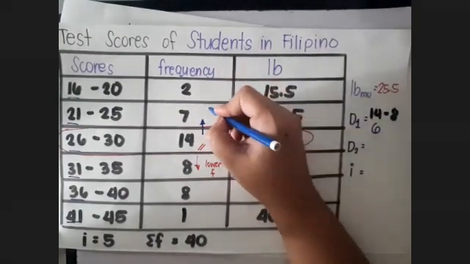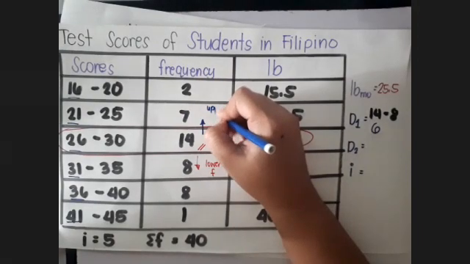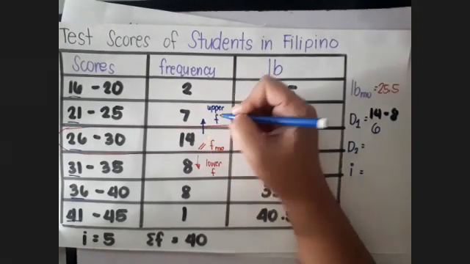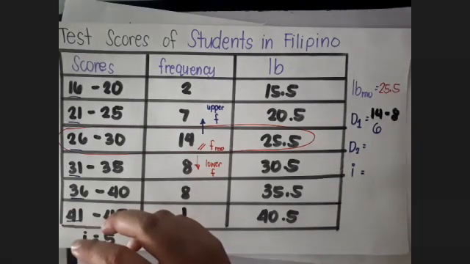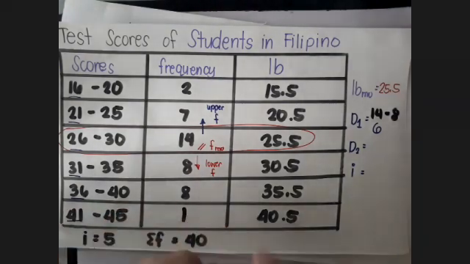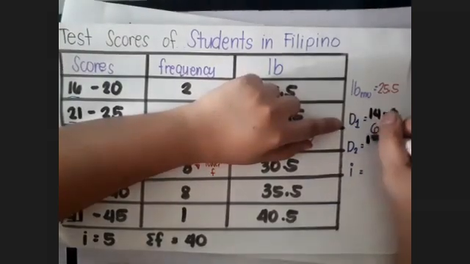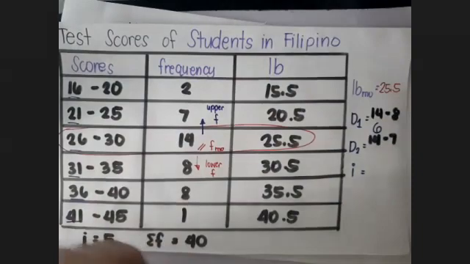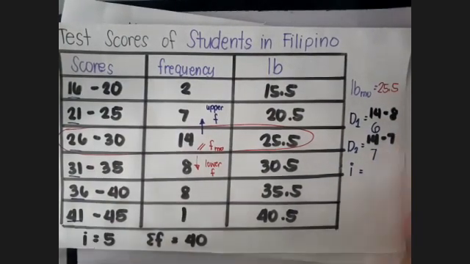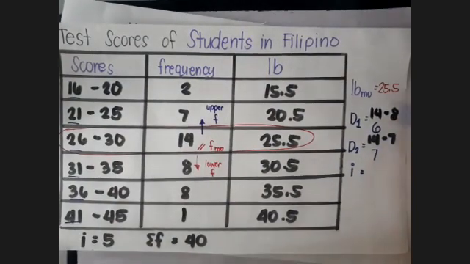Meaning, ito yung ating upper. Regardless of the value. So let's subtract. We have 14 less 7 makes 7. Tama. So 14 less 7 equal to 7.